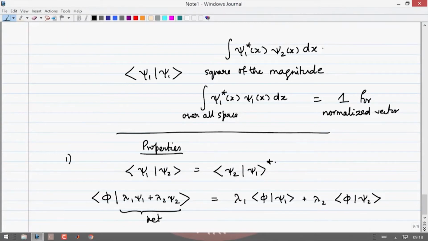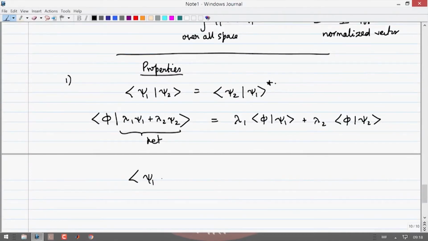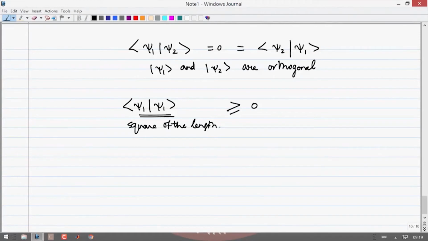If two vectors psi 1 and psi 2 are such that this is 0, and therefore the complex conjugate is also 0, then vectors psi 1 and psi 2 are orthogonal. The scalar product or the norm of a vector, this is a square of the length or the magnitude as you call it, is always greater than or equal to 0 if the vectors are the same.